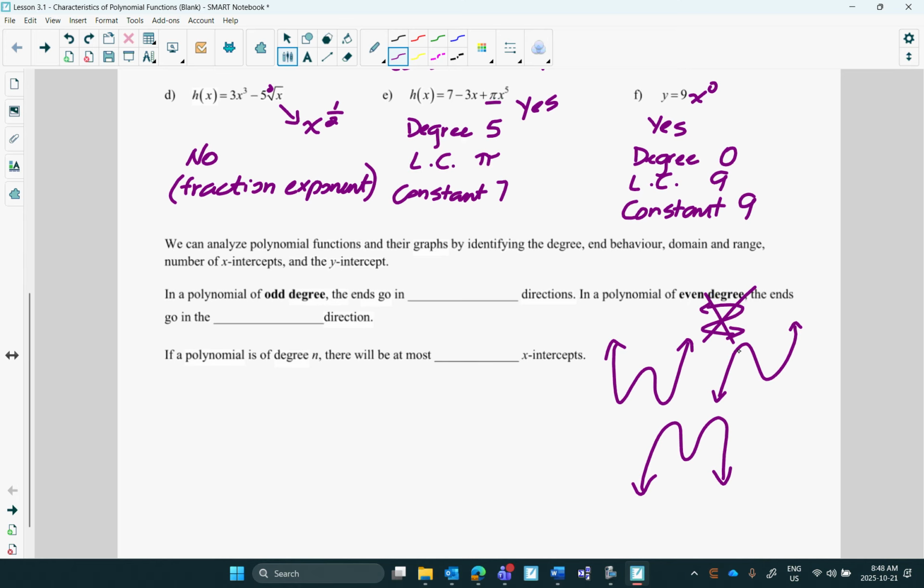So, if it is an odd degree, which means the highest exponent is 1, 3, 5, 7, 9, etc., it's going to look like this, where the ends go in opposite directions. If it's even degree, 2, 4, 6, 8, etc., the ends are going to go in the same direction, up or down.